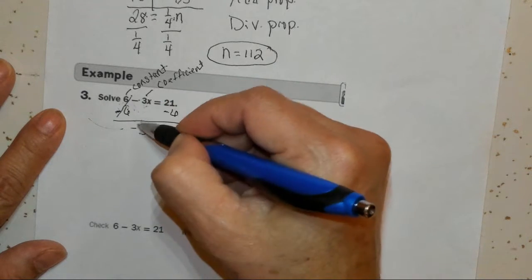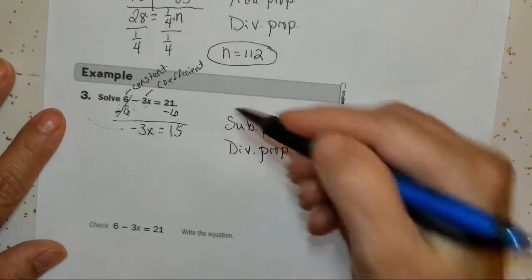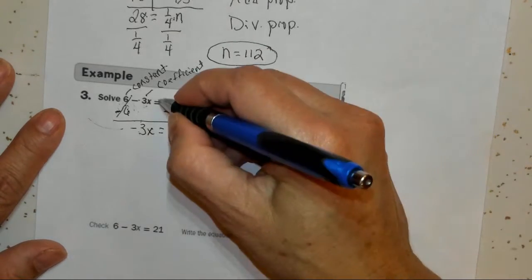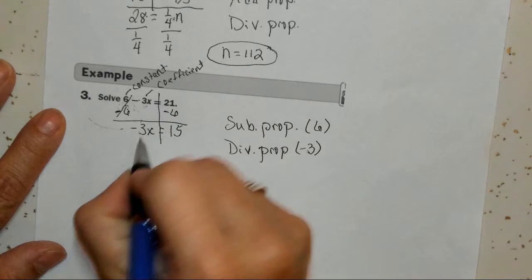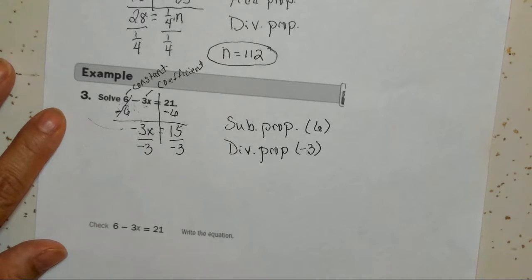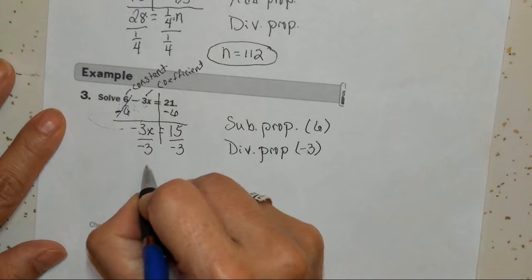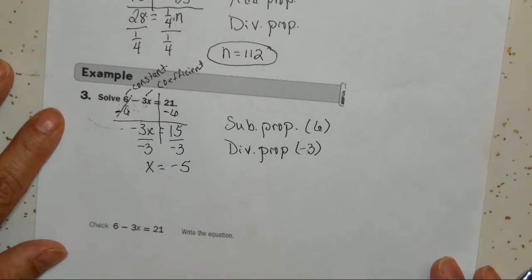Remember, this 3 still stays negative, giving us a 15 on this side after we do the same thing to both sides. My equation is simpler now, so now I can divide both sides to get rid of the multiplication, creating a positive 1x here and a solution of negative 5.